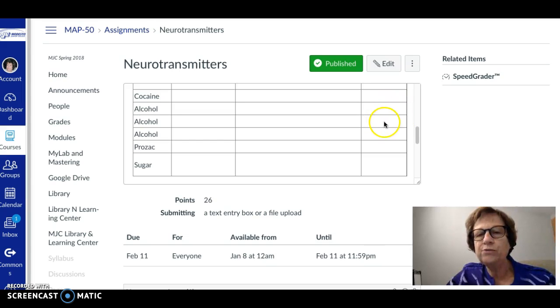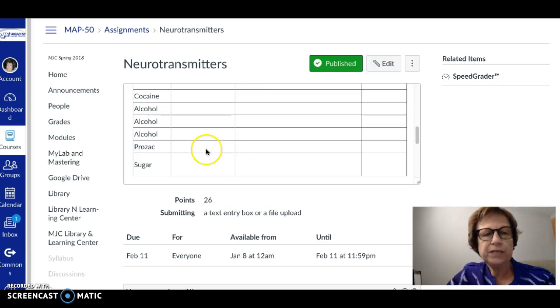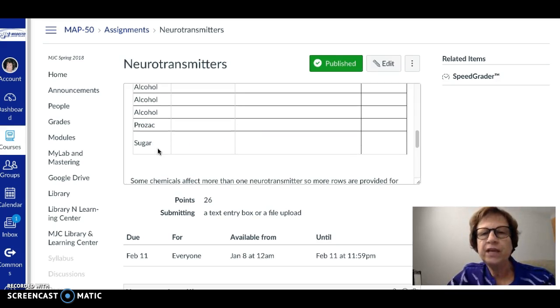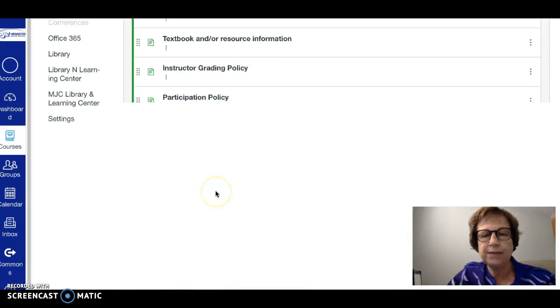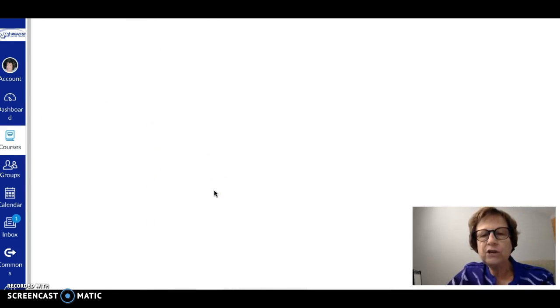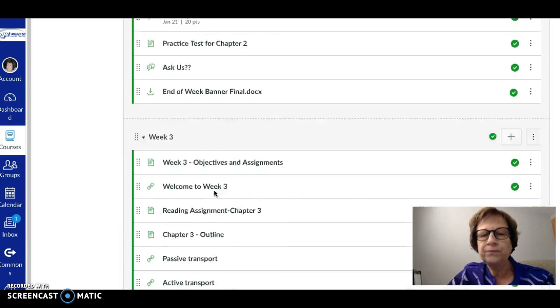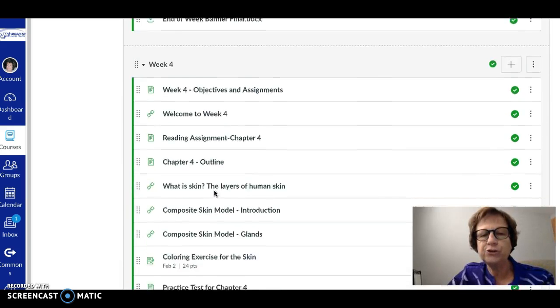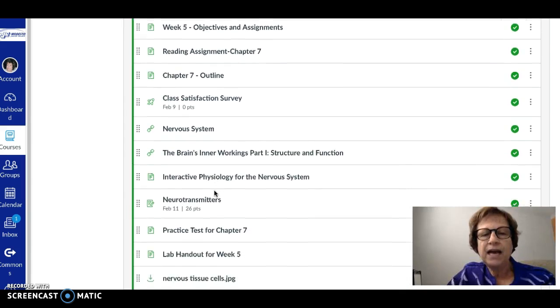And then each one will have separate effects on the body. You'll be doing the same thing for Prozac and for sugar. So that's an important activity for this week.